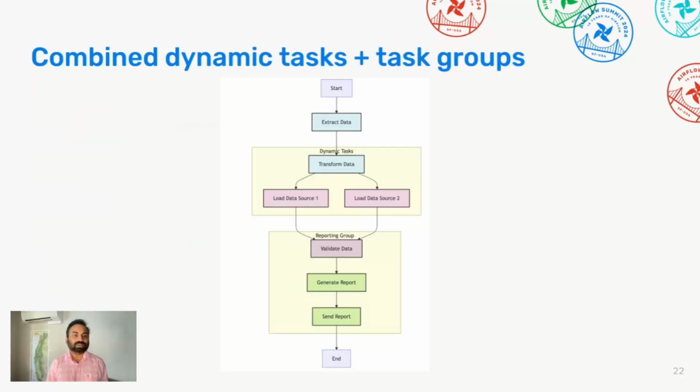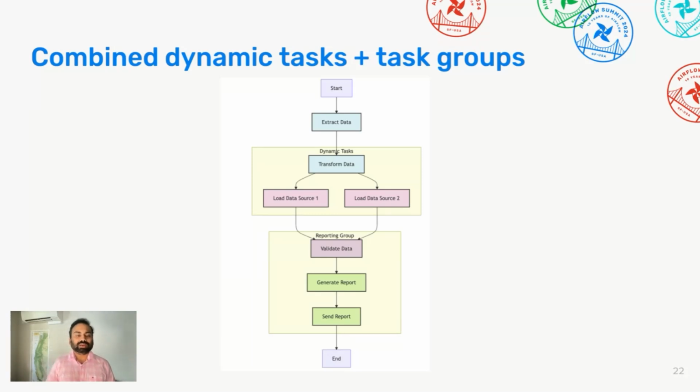This is an example of some of the things we have discussed. We'll have a start, stack data. Now we need to transform data. One of the things we can do is use dynamic tasks to dynamically generate the loading of different data sources.